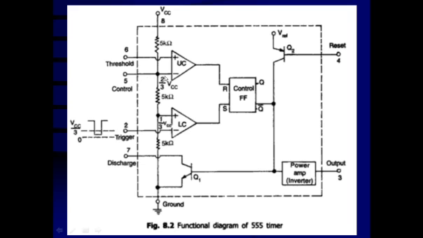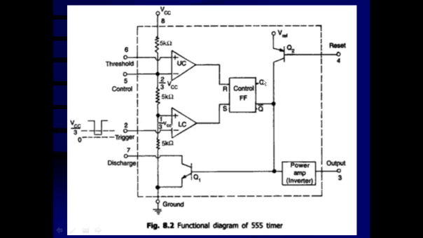This reference voltage is 2 by 3 VCC at pin 5, and at pin 6, if it is more than 2 by 3 VCC, then the output of the upper comparator is going to be 1, or positive, and hence R is going to be 1, S is going to be 0 at that time. It is a reset condition for the flip flop, and the flip flop is going to be reset.